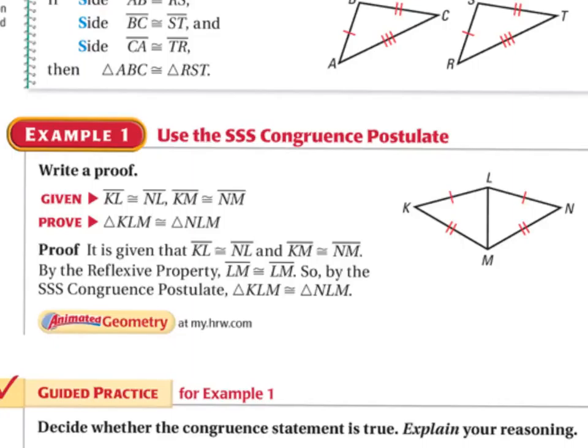We're trying to prove that these two triangles are congruent. All we have left in the middle is LM congruent to LM, obviously by the reflexive property. So we know that those two triangles are congruent by the side, side, side congruence postulate. So triangle KLM is congruent to triangle NLM.